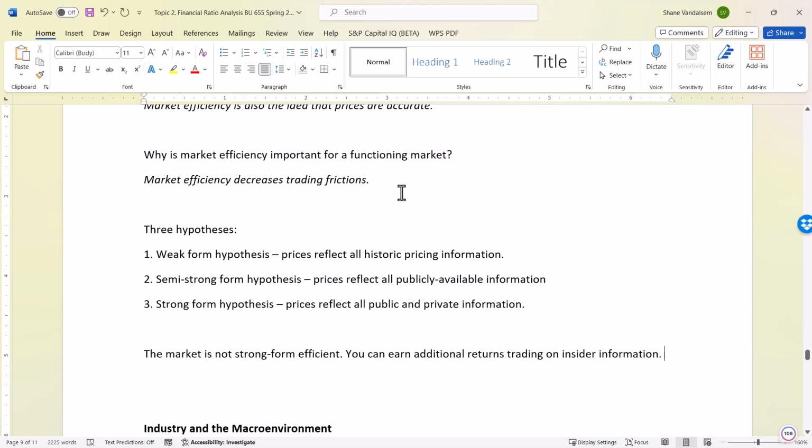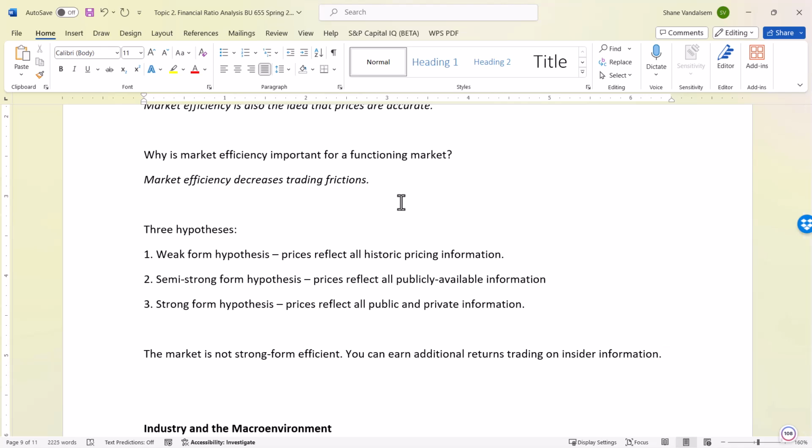And again, in general, we know when new information comes out about a company, prices move and react to that information. The weak form hypothesis indicates that trading on technical information, in other words, trading on movements in stock prices, should generally not produce returns that exceed what you can get on average, or essentially not consistently produce above average returns.